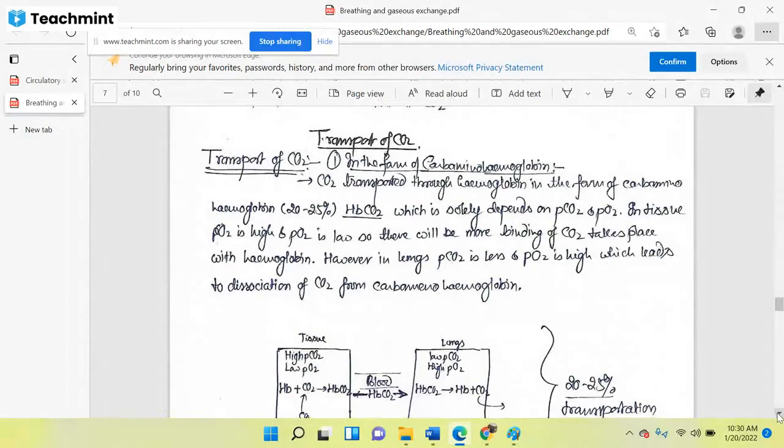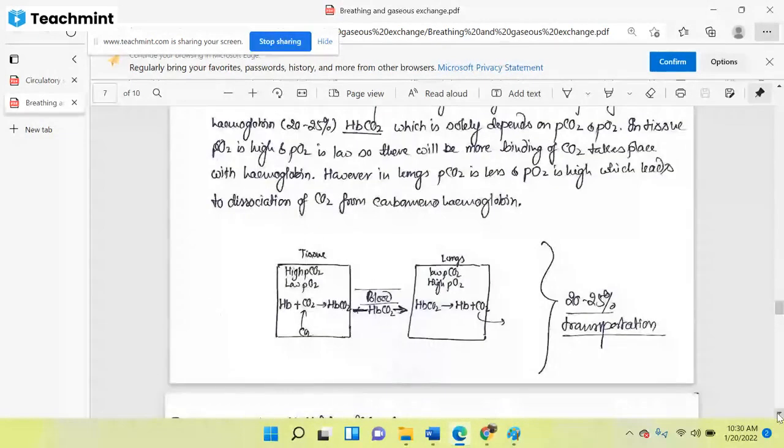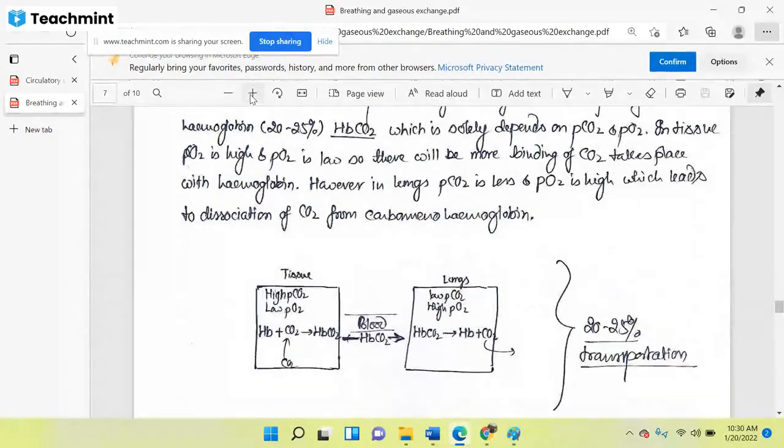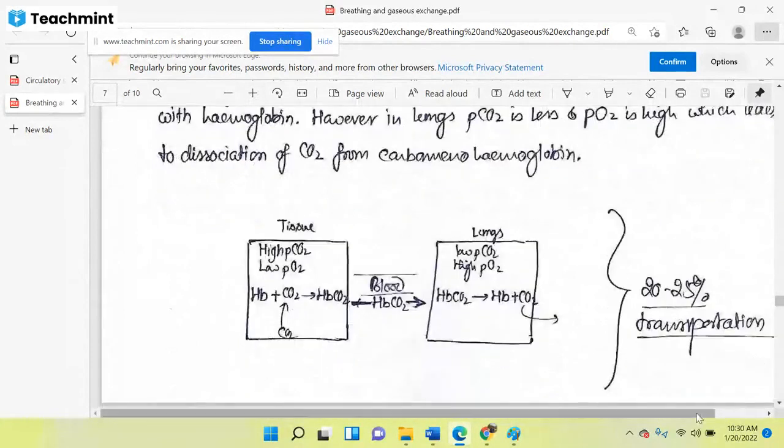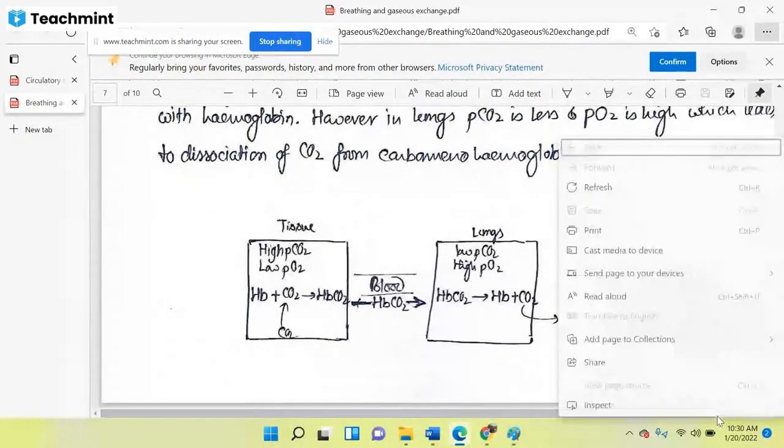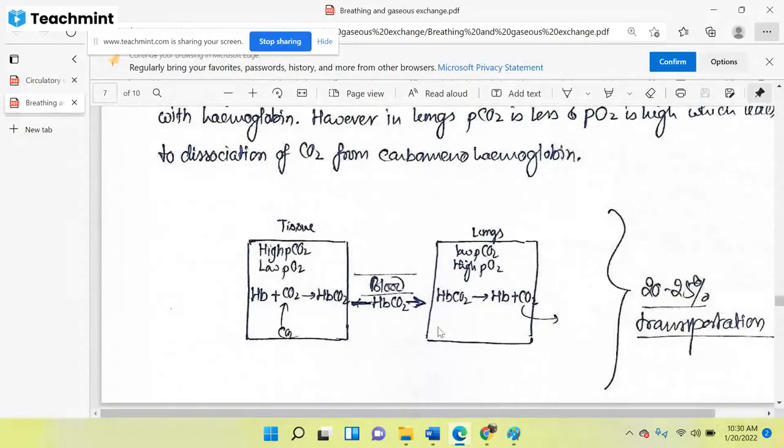So you just see both the conditions in this picture. You can clearly compare both conditions in which the binding and unbinding of carbon dioxide is taking place. Here you can see in tissue the amount of carbon dioxide is high and the amount of oxygen is low.